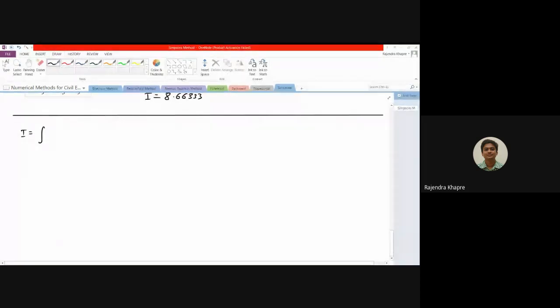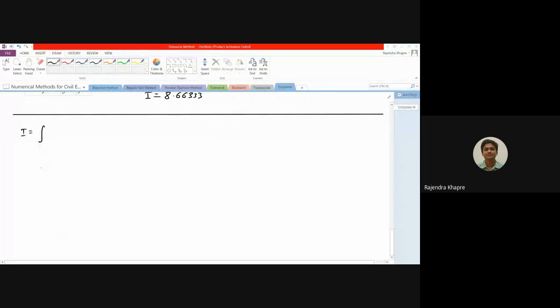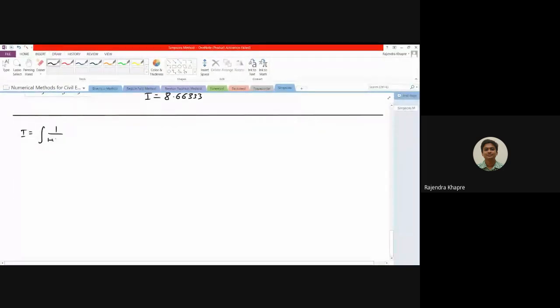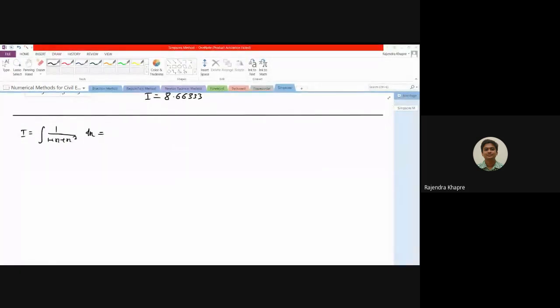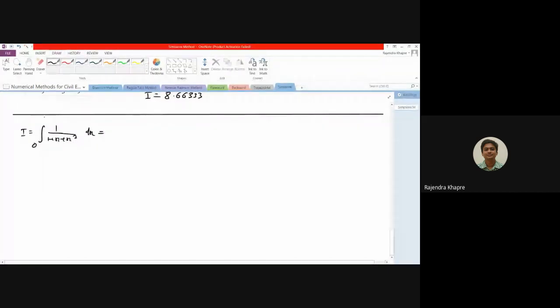Let us say this is the integral of 1 upon 1 plus x square dx. Now I want all of you to start the integration from 0 to 10.